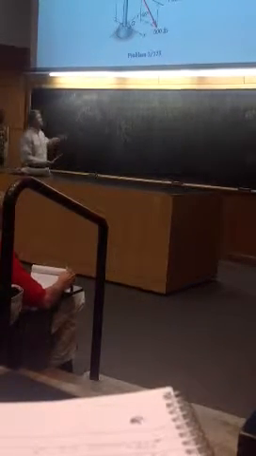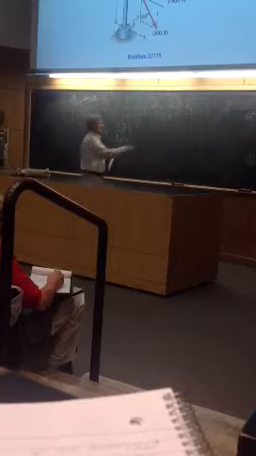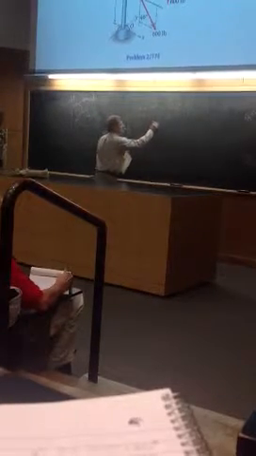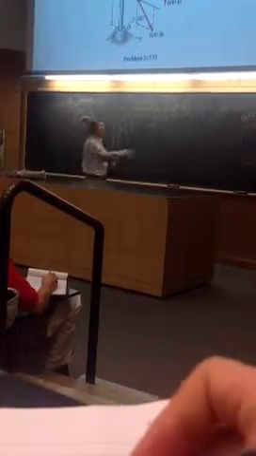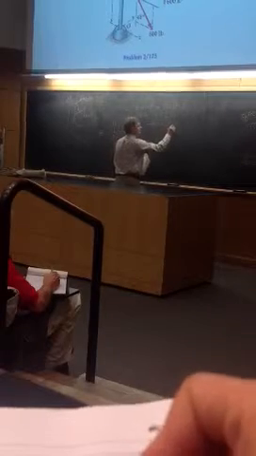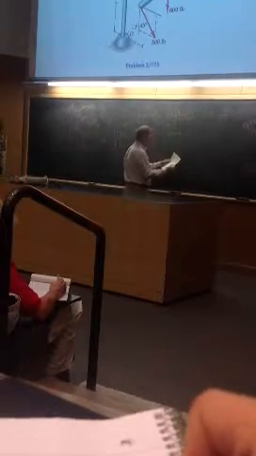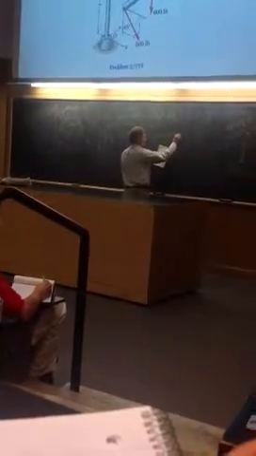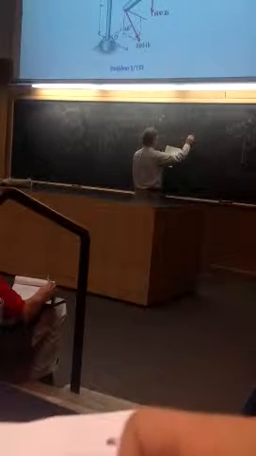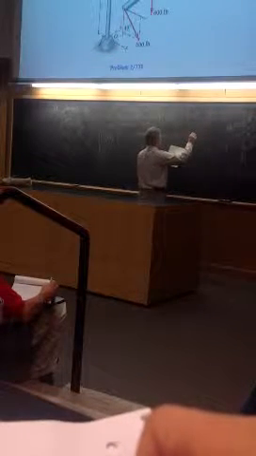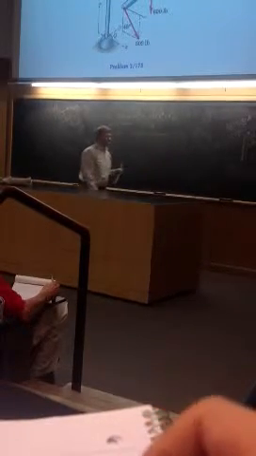Z component: the 400 has no z component, the 600 is in the negative z, the 500 has a component in the negative z, that's going to be minus 500 cosine of 45 degrees. Those will add together to give negative 953.6 pounds, and that's going to have to be my Fz.